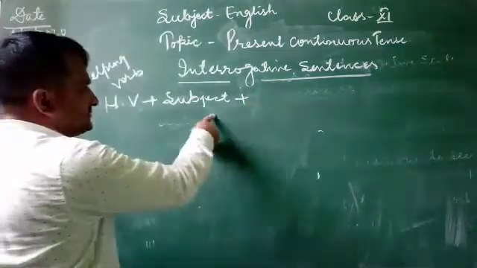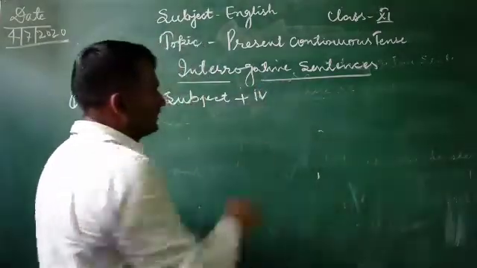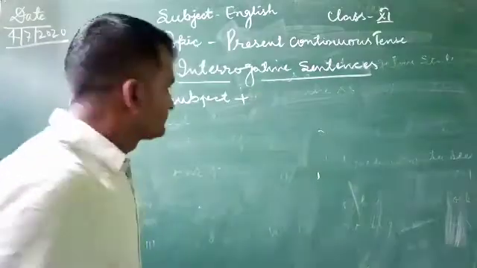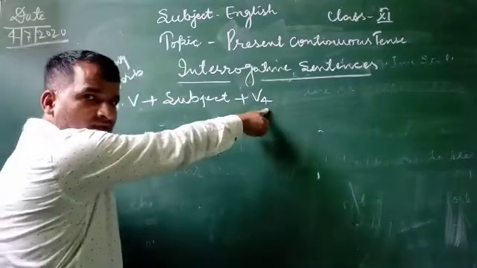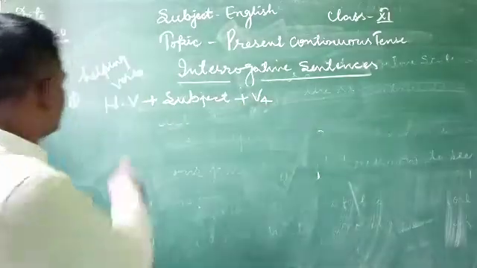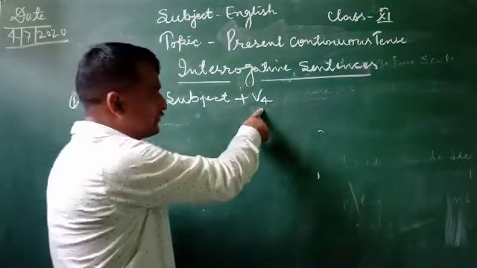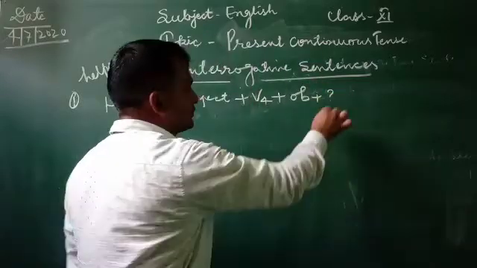Helping verb plus subject plus fourth form of the verb. We can write V4 here, it means fourth form of the verb. HV, then subject, then ing form of the verb, then object, and at last you have to put a question mark.